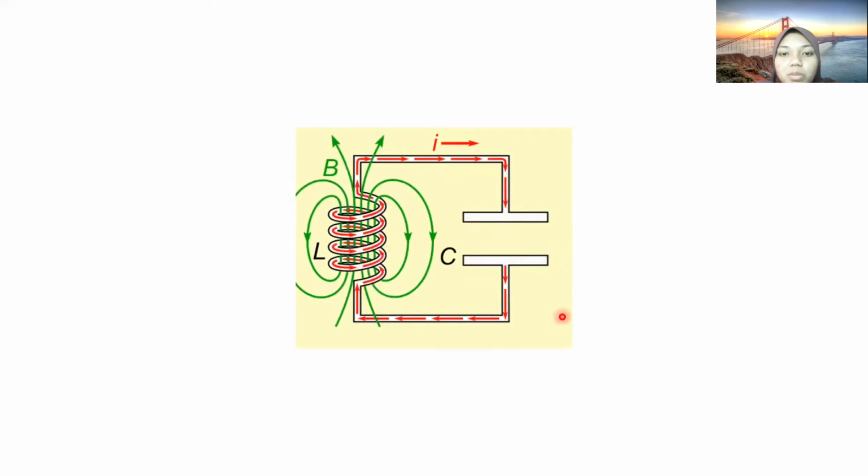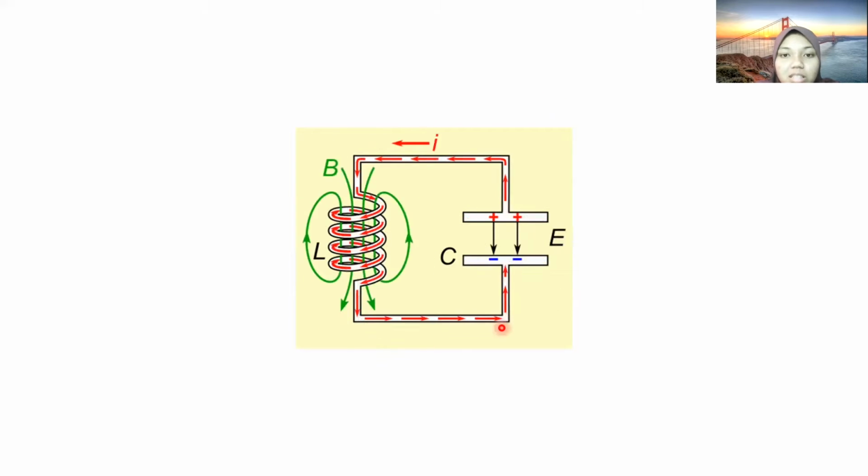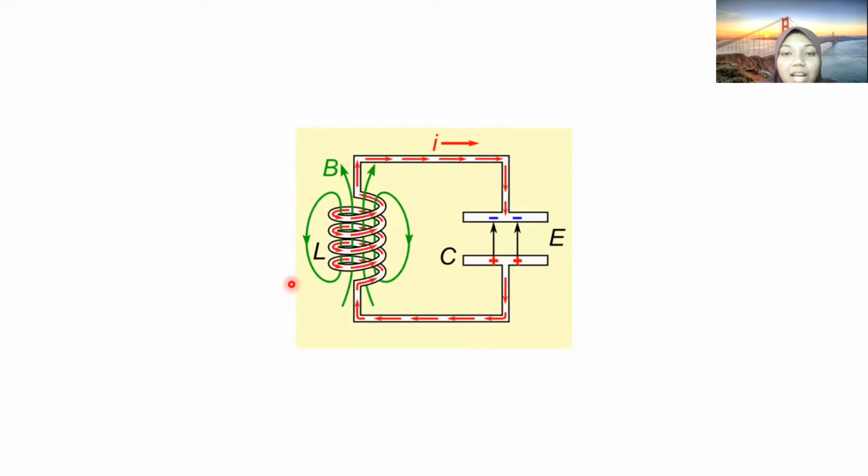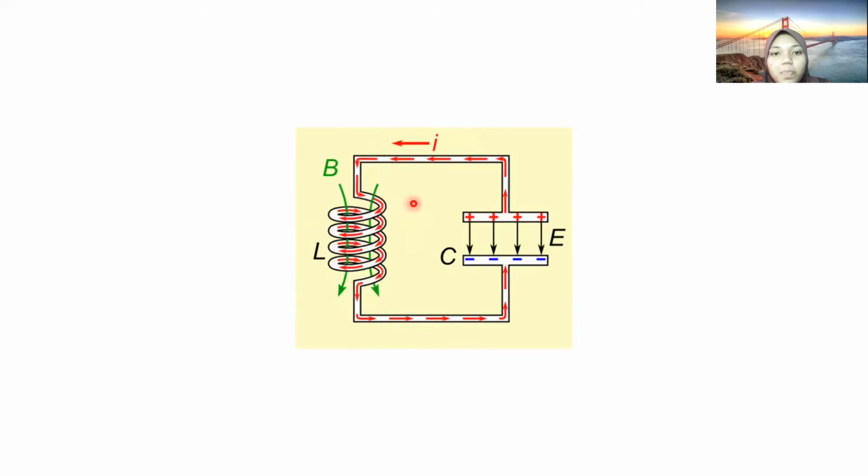The basic operation of this LC circuit is that when there is a voltage drop at the capacitor, it sends a current to the coil, to the L. When there is a current in the L, there will be energy in it and it will build a magnetic field. When there is a magnetic field, there is a voltage. The voltage produced by the magnetic field causes a current to recharge the capacitor with a different polarity.